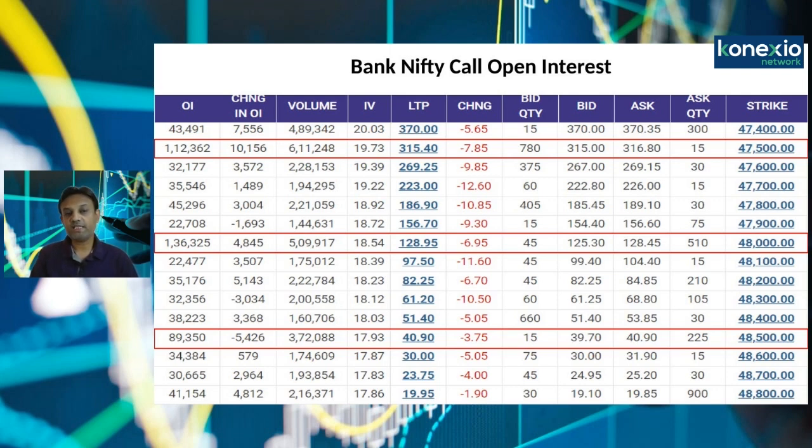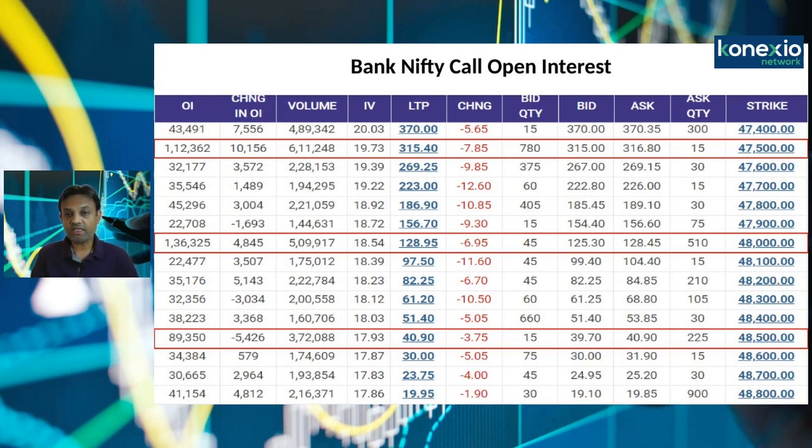It is between 17.93 and 20. Next week, if there is a positive gap up or slightly positive gap up opening, then we might see some sort of IV boost or shoot up of IV, and that will bring in some sort of selling pressure, or that will invite the option writers in Bank Nifty calls.